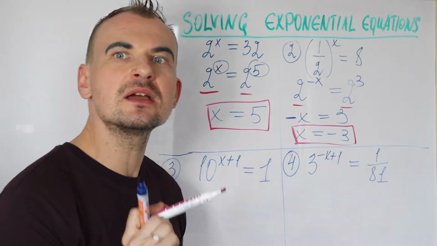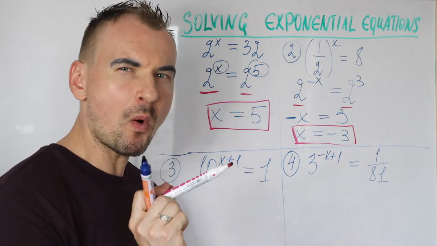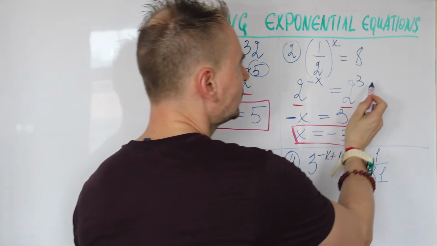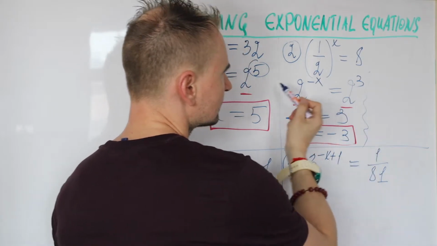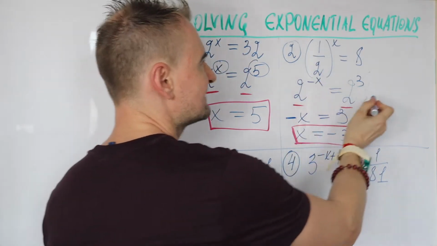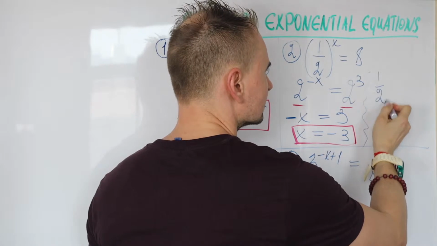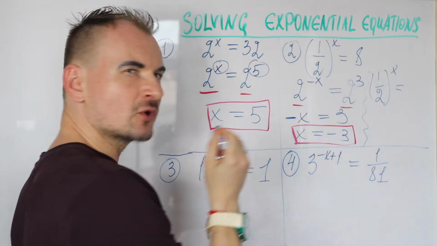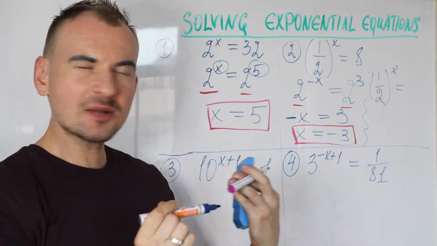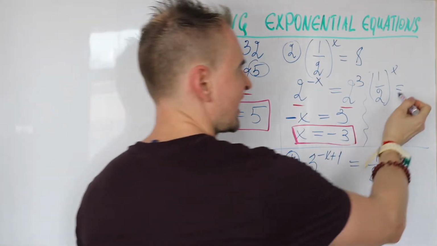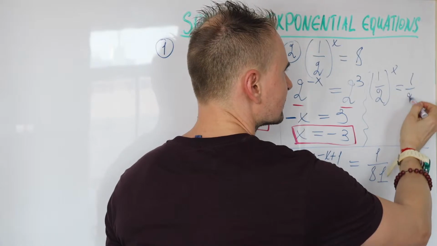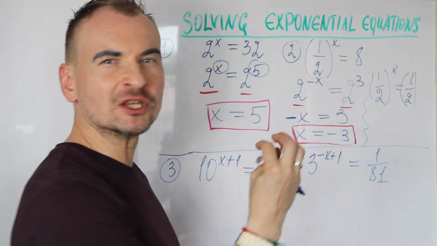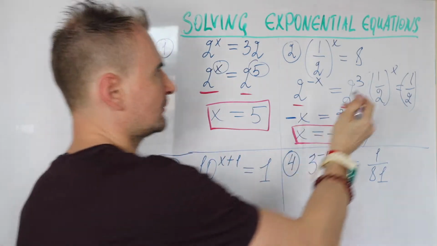I will give you another way of solving that one. What if I want to just keep this base 1 over 2 to the x? So 8 also can be expressed with base 1 over 2, the same base, but not the 3rd power, but negative 3rd power.